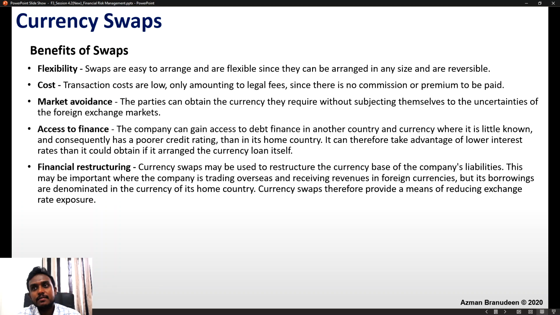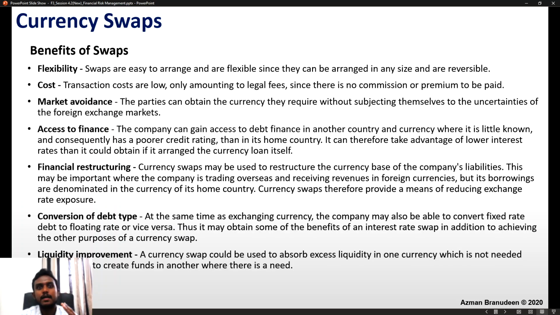So swaps can be a means of reducing that exchange rate exposure, especially when you have multiple countries and multiple currencies involved. Conversion of debt type: at the same time as exchanging the currency, the company may also be able to convert fixed rate debt to floating rate or the other way. Thus it may obtain some of the benefits of an interest rate swap.